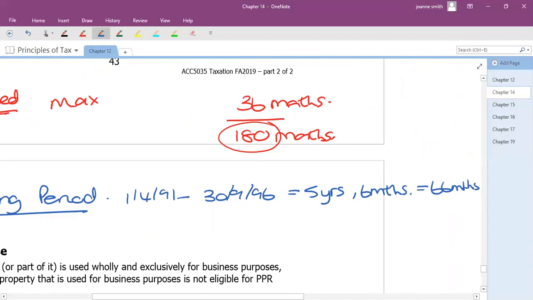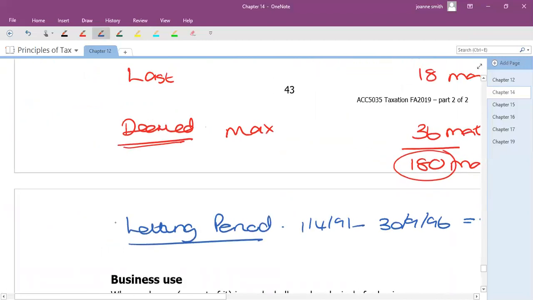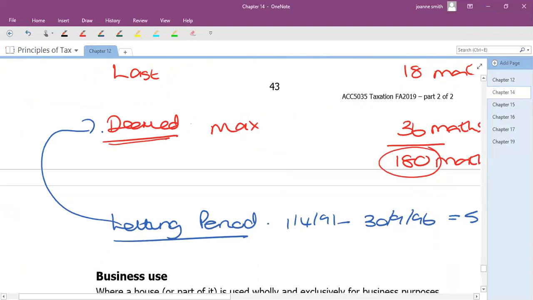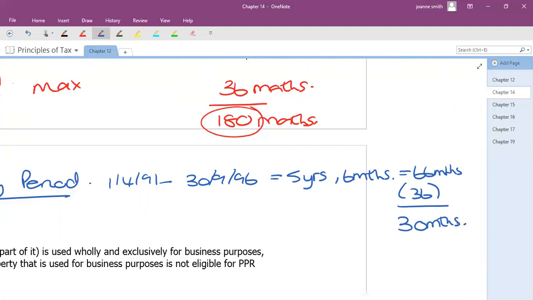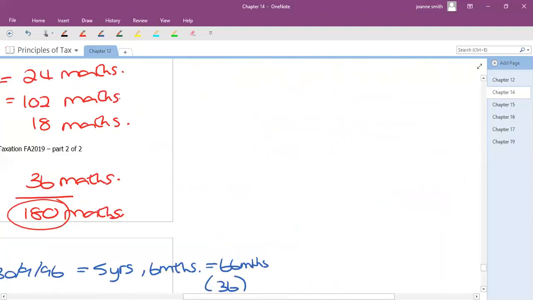Now, I can't claim for all of that because I've already been given 36 of that period exempt, right? Fully exempt, haven't I, for travelling for any reason? So I can't have it twice. So let's take off the 36, and that gives me a balance of 30 months. So that's telling me I can claim for 30 months of letting over the overall life of the ownership period.